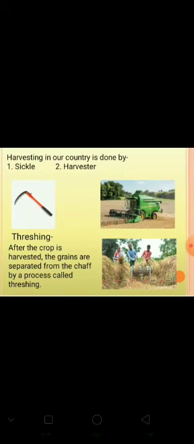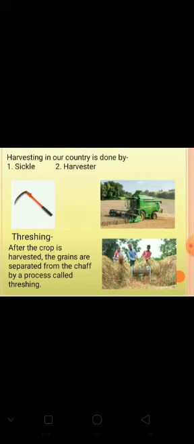Harvesting can be done manually with the help of a sickle or by a machine called a harvester. After the crop is harvested, the grains are separated from the chaff, which means husk, by a process called threshing.